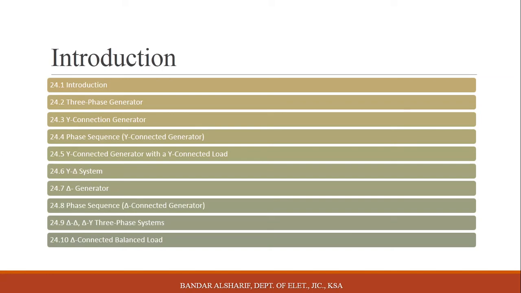We have more than three phase system, but the best one is the three phase system in terms of transmission, and in terms of the load, for example, for the motor running and starting characteristics, and other features, because most of the equipment or systems in the world are three phase systems.